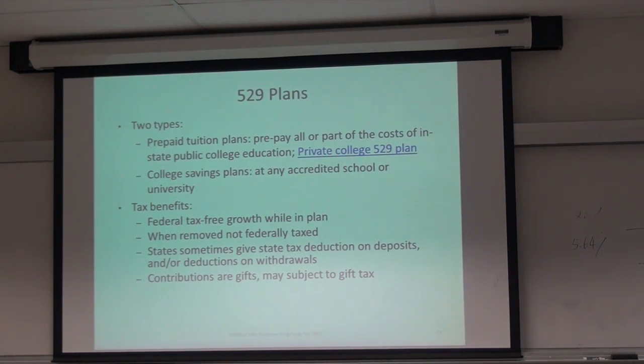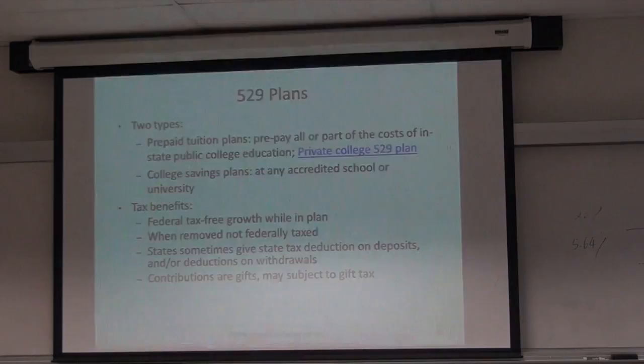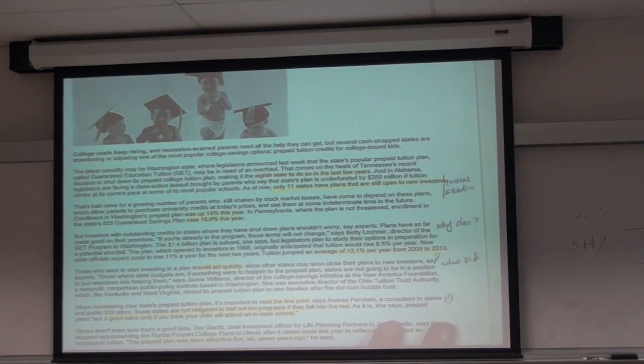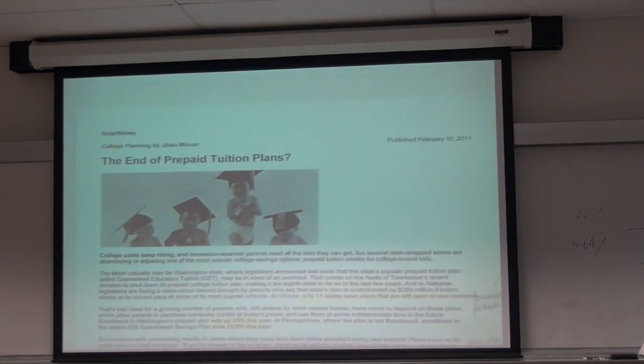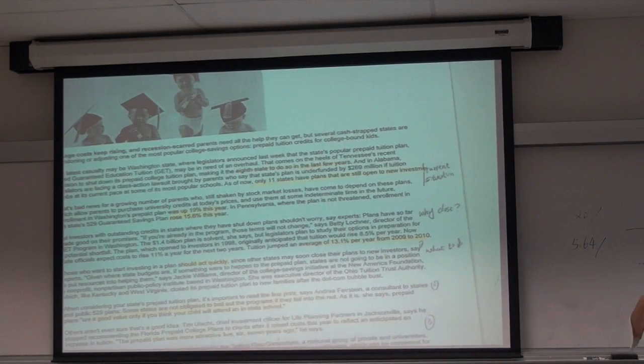Okay, so let me show you some. So far, I think that's the very good solution, right? 529 plans. Doesn't have a lot of restrictions and it has the tax benefit. But let me show you some other numbers. Okay, so this is in 2011, but it's worse, okay?